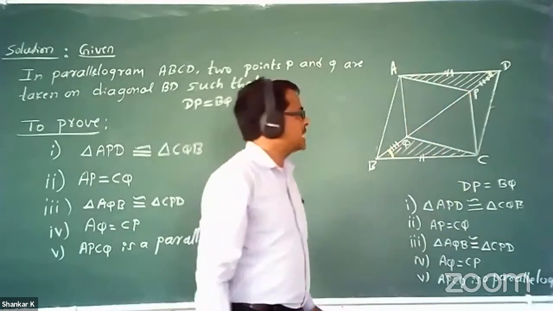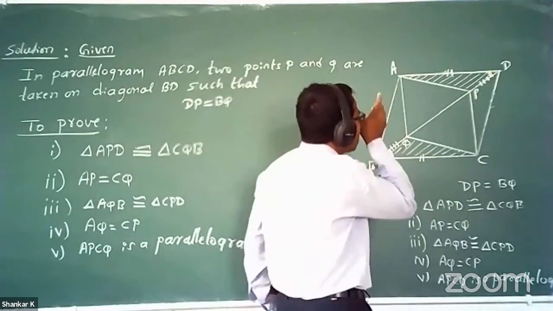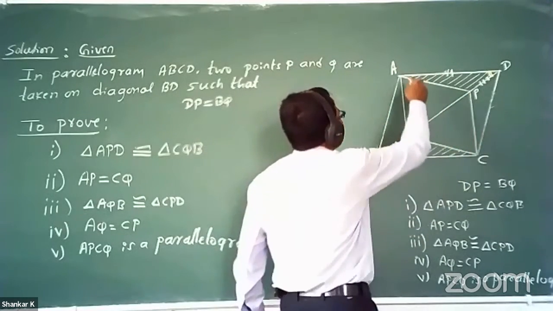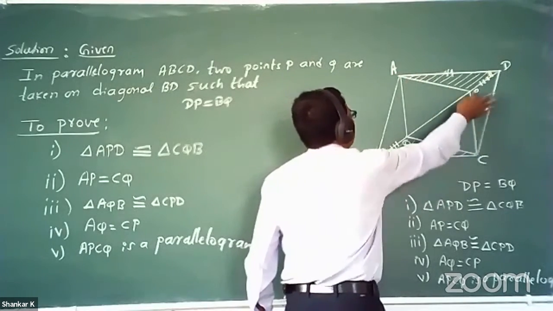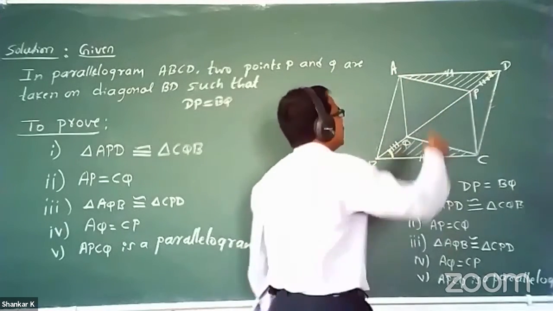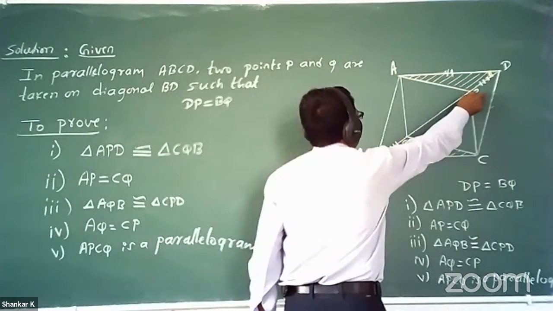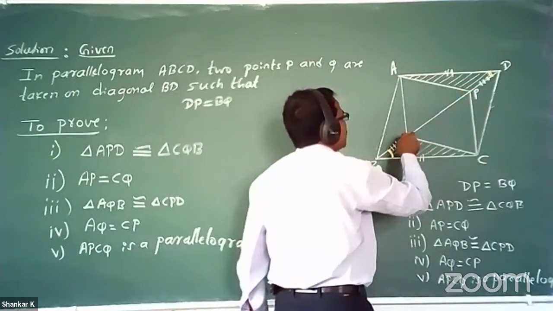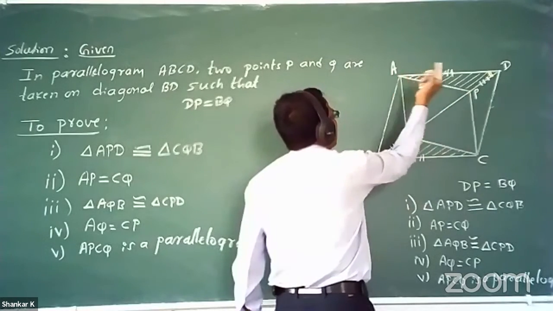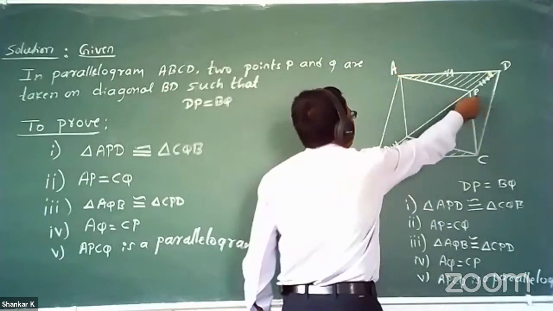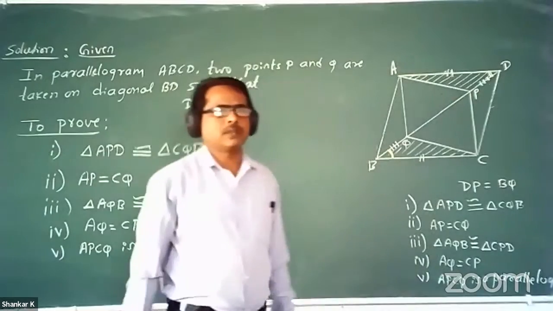Some students in the exam sometimes write it like this, wrong, not in cyclic order. APCQ, this way you should count. Sometimes when you check how they write, one or two students write it meaninglessly.